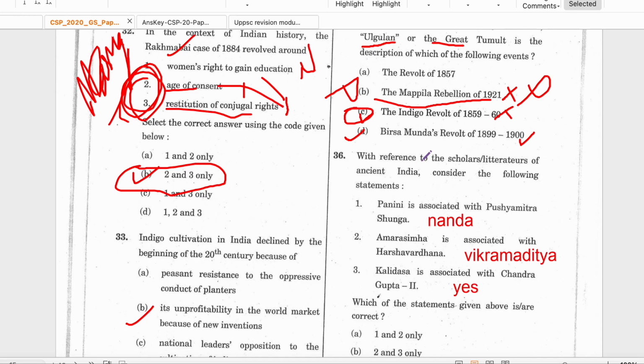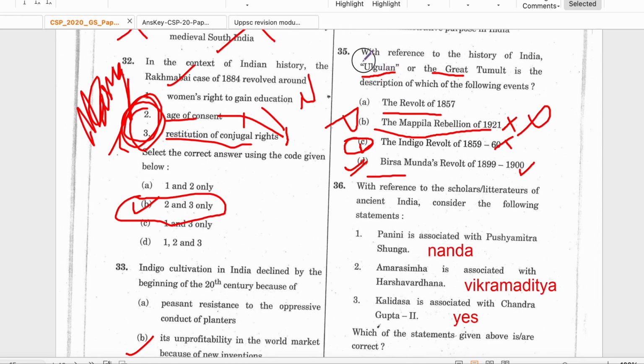So something great, it was promising. Also, the name Ulgulan sounds very rooted or indigenous, so maybe it would be related to tribals. So between 1857 and the Birsa Munda revolt, if you are confused, choose option D because of the name itself.